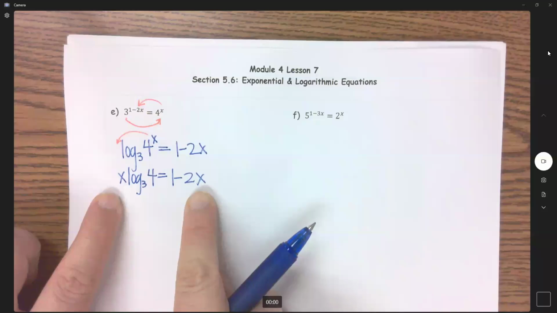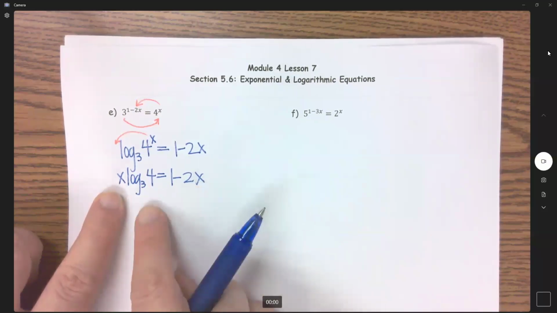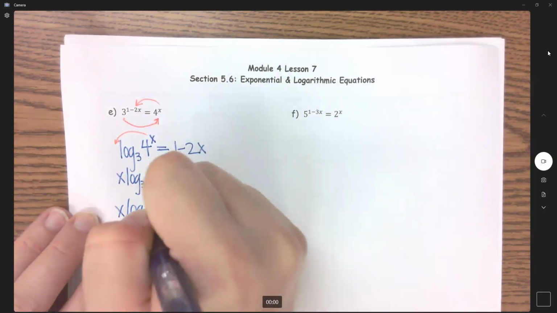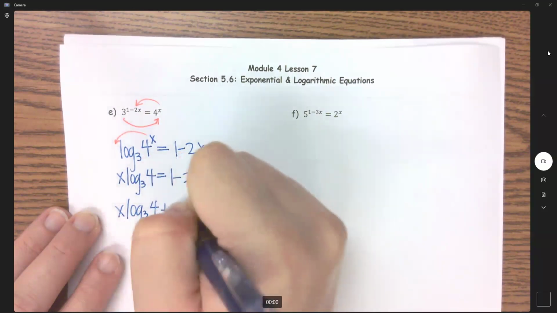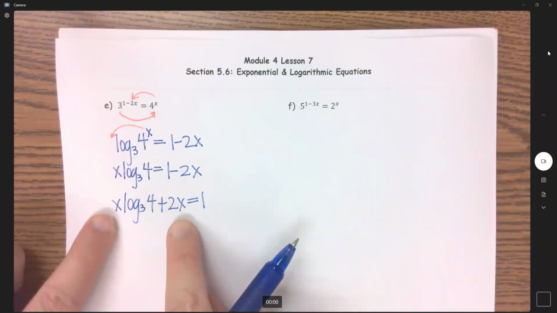So now that I have both x's on different sides, I need to get it to the same side. So I'm going to add my 2x over here. And now I have my x on the same side.